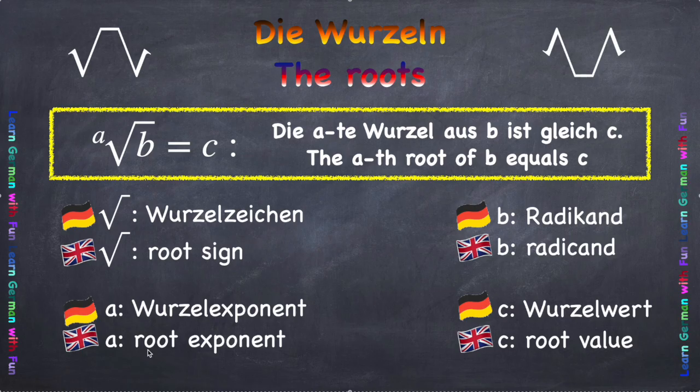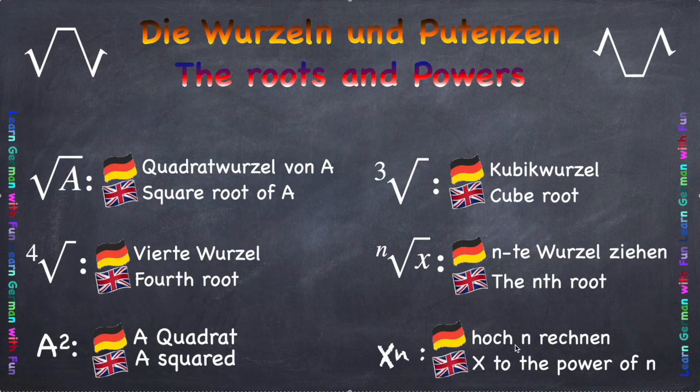In English, one says root exponent. B is in German Radikand and in English radicand. C in the above term is Wurzelwert and in English root value.